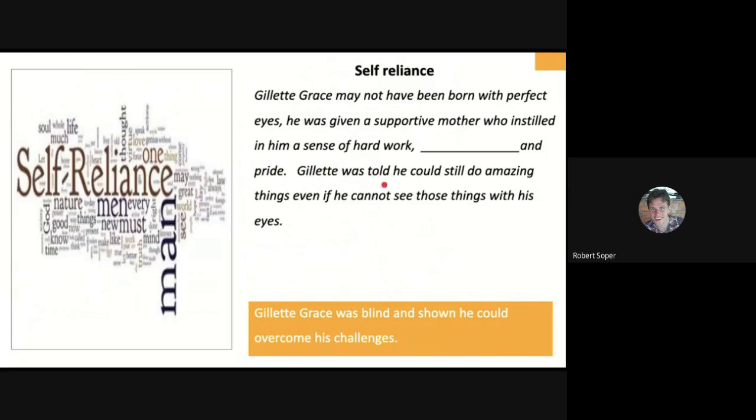Gillette was told he could still do amazing things even if he cannot see those things with his eyes. So here, when we're using self-reliance in this gap, we're using it as the same meaning as independence. So he was given a supportive mother who instilled in him a sense of hard work, independence or self-reliance, and pride. These are all good qualities.